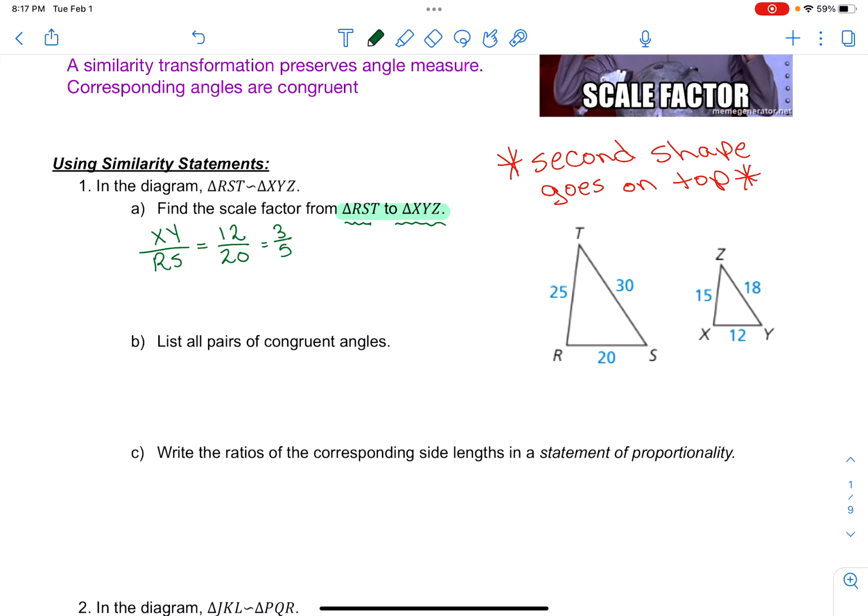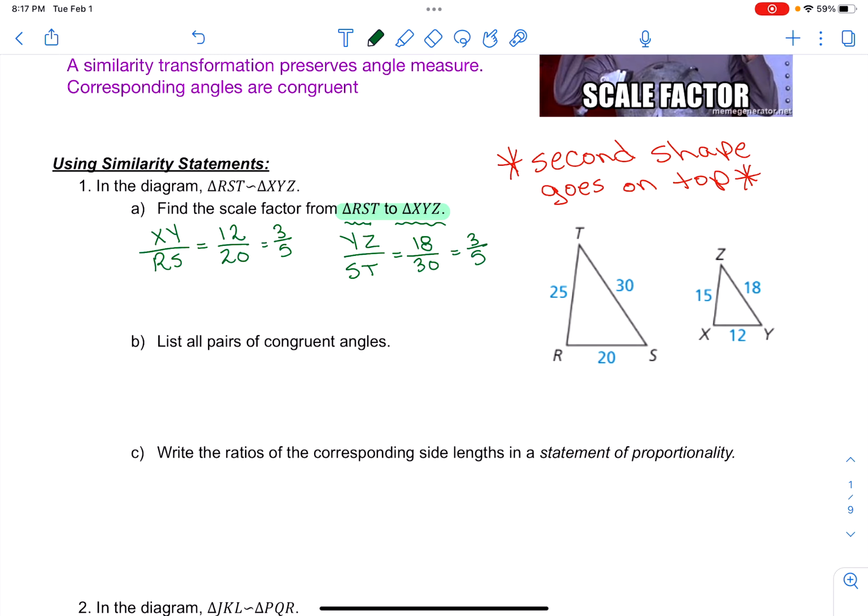We have to do this for every single side of our triangle. So I'm just going to look at the similarity statement that they gave us and continue. Now I'm going to do side YZ to side ST. YZ is 18, ST is 30. Again, always simplify your fraction.